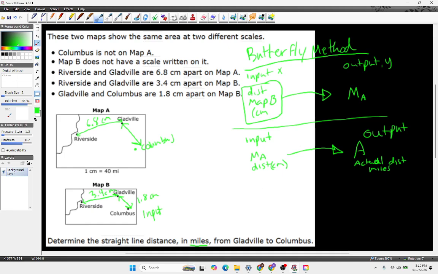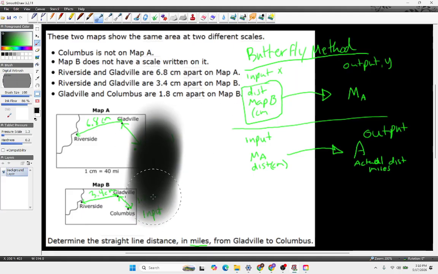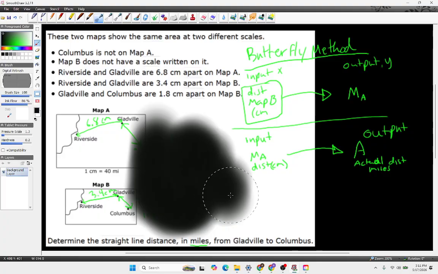All right, I'm going to need to clean this up to make some space here. I want to keep this over here, so I'm just going to make some space.